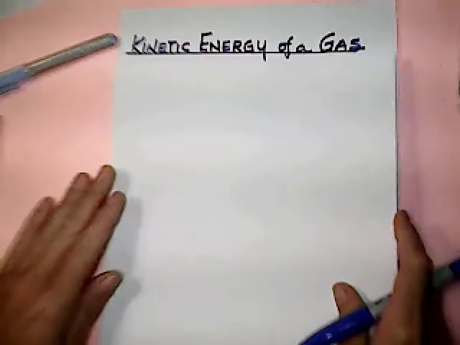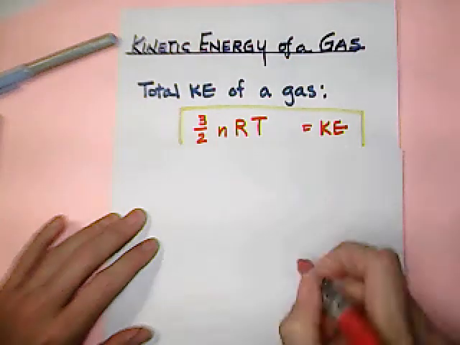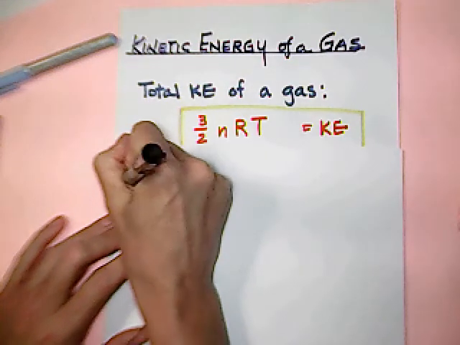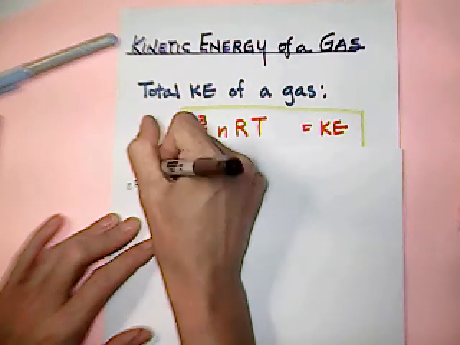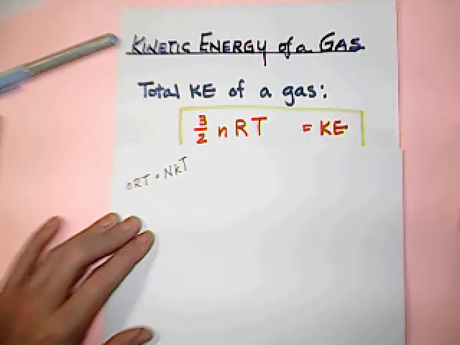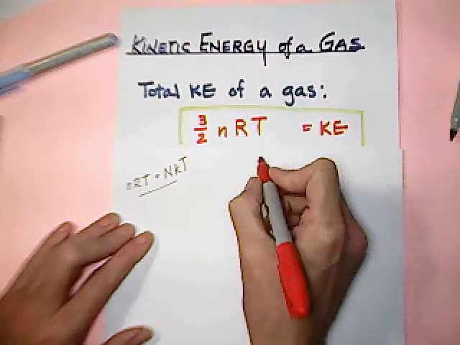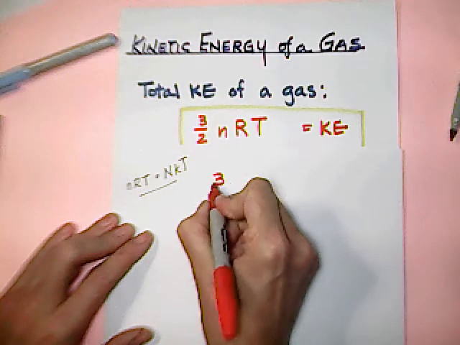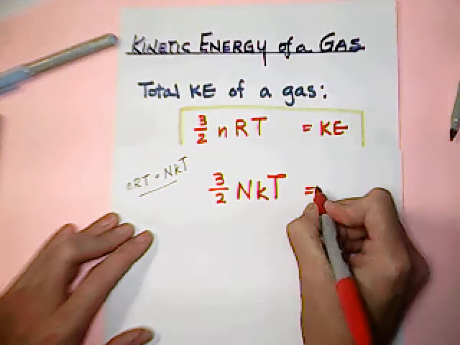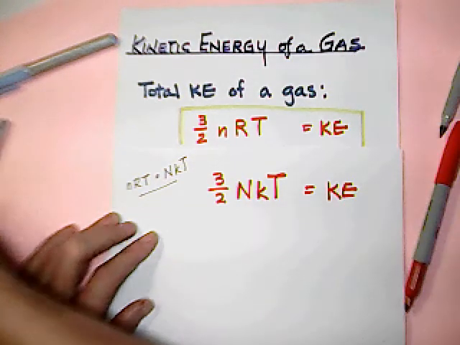Okay, if you know that the kinetic energy of a gas is 3/2 nRT, and you also know from the previous page that nRT is equivalent to NkT, then you can also extend this definition such that 3/2 NkT is also the kinetic energy of a gas.